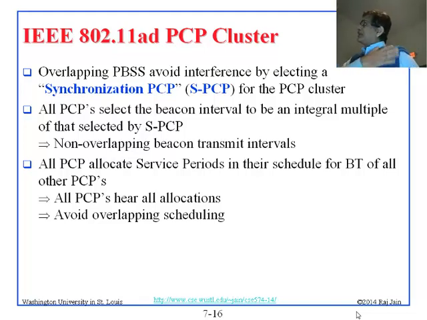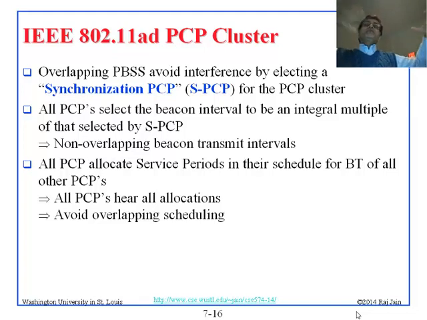All PCPs allocate service periods in their schedule for BT. BT is the beacon time of all other PCPs. So they say, okay, all right, now I'm going to allocate time, but since this person is transmitting at the same time, I cannot let you use that. So now this is like a big 2-level hierarchy here.